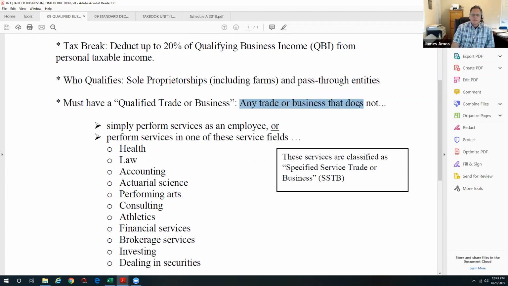A trade or business that does not, okay? So the way we're going to define this is by defining what it's not. Any trade or business that does not simply perform services as an employee. Well, that one to me is kind of commonsensical. If you're doing services and you're an employee, you're not self-employed for that income, are you?